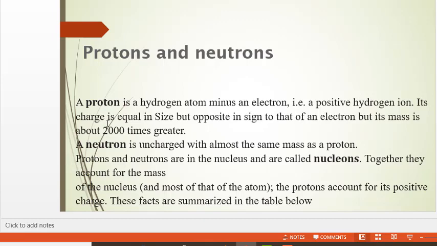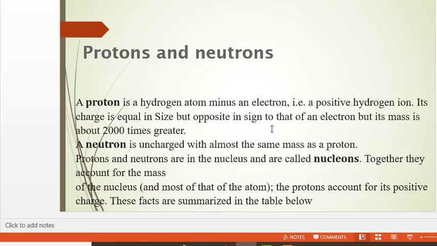So therefore a proton has a positive charge, and the positive charge of a proton in terms of size is equal to the charge of an electron. The only difference is that an electron is negatively charged while a proton is positively charged.